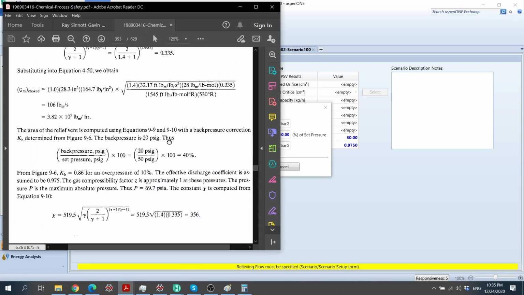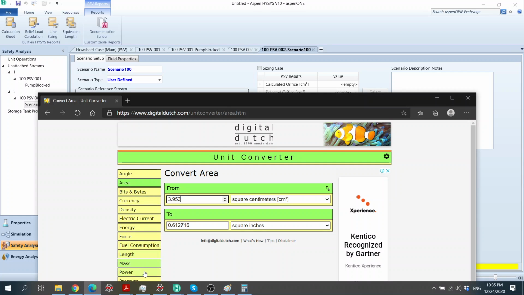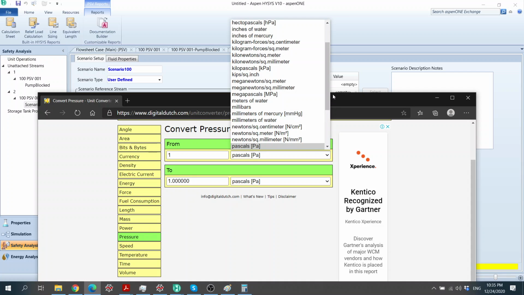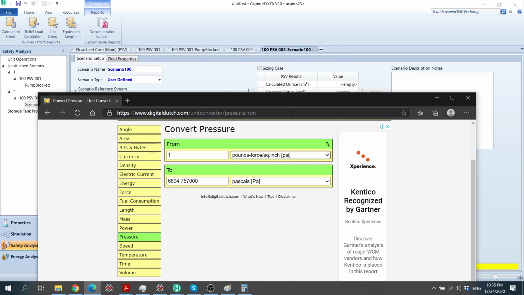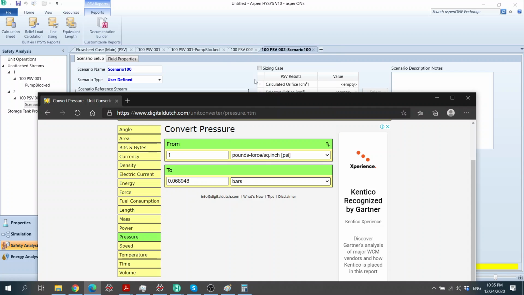I guess so. Back pressure, psi, bar, 50, 3.44.